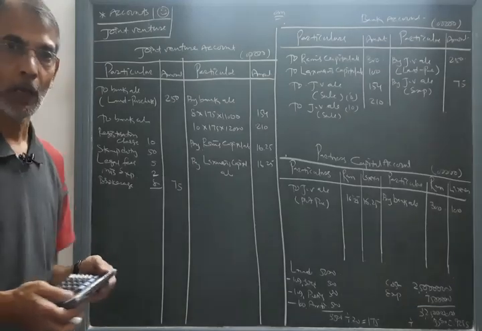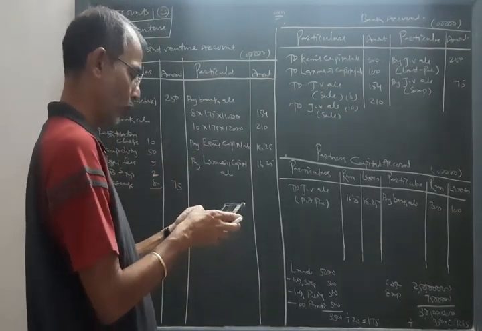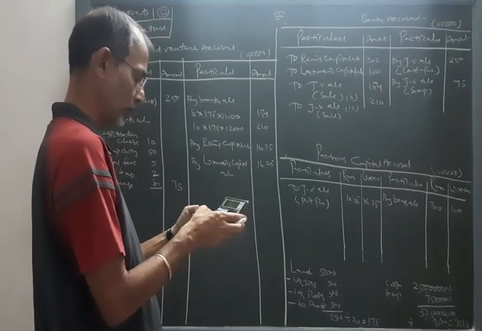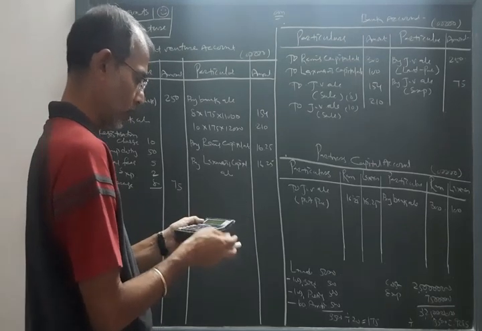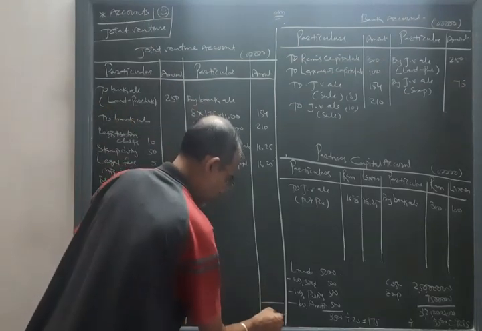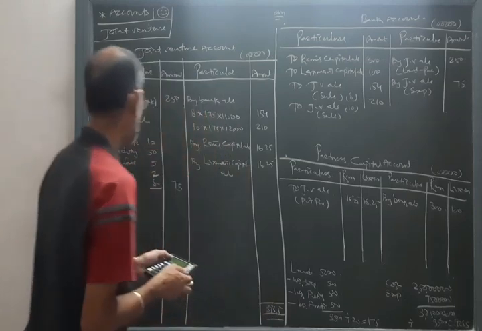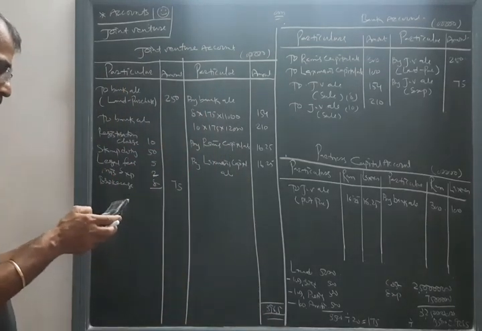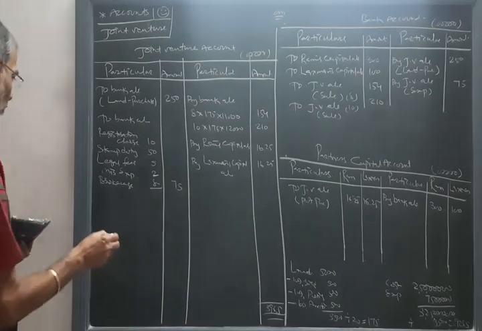Now if I find the profit, that will be 154 plus 210 plus 16.25 plus 16.25, which is 396.5, minus 250 minus 75, that is 71.5.